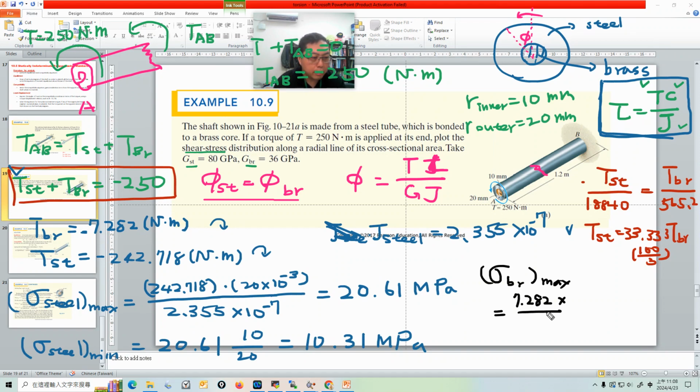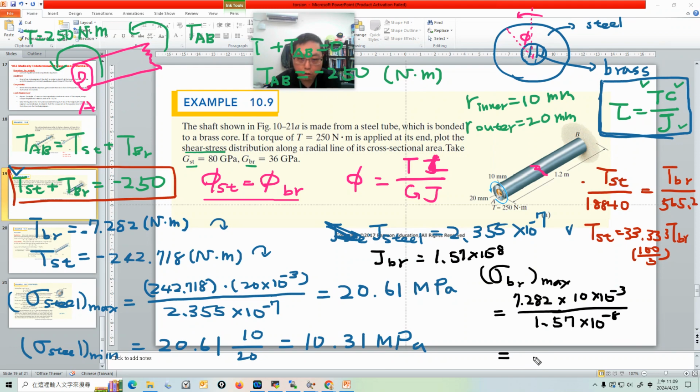So TC over J: C is 10 times 10 to the power minus 3, and J brass, I think previously we calculated, is 1.57 times 10 to the power minus 8.